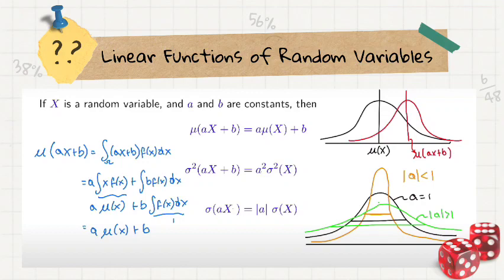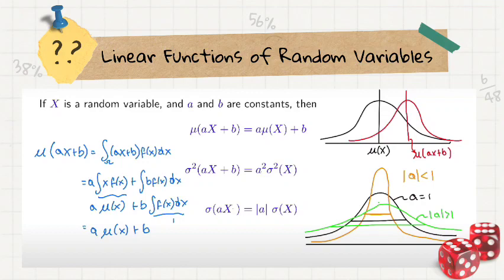Now, using the linear properties of the integration, this integral is equal to a multiplied by the integral of x multiplied by f of x, plus the integral of b f of x dx. We can recognize that this is the mean of x, so we have a multiplied by the mean of x plus b, the integral of f of x dx, which is equal to 1. So this is a mu of x plus b multiplied by 1.